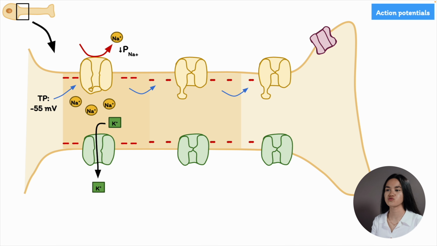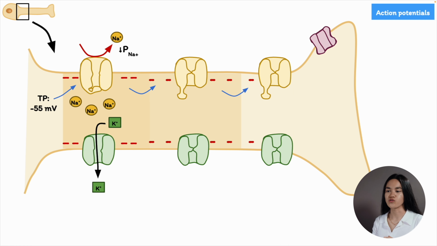And as the membrane potential returns to its resting potential, the voltage sodium channels change to their closed but capable of opening conformation. As we return to resting potential, remember the potassium leak channels, okay? The potassium leak channels are going to do their job and potassium will continue to leak out.